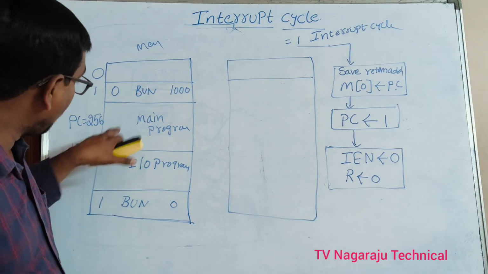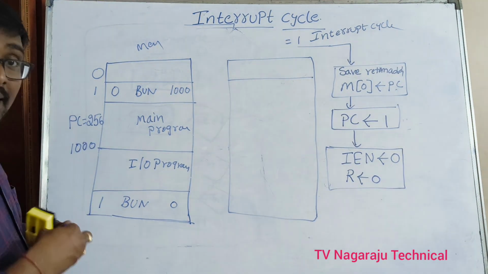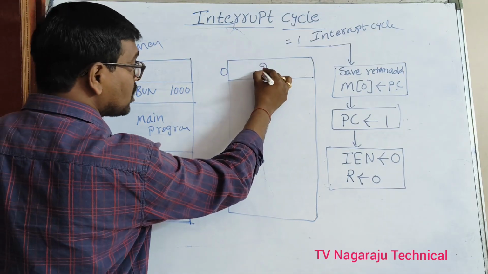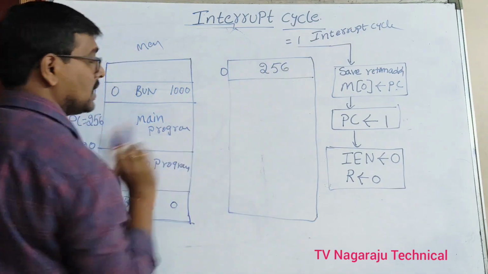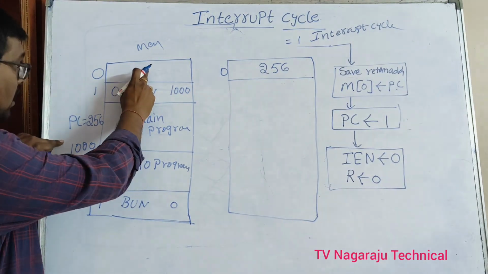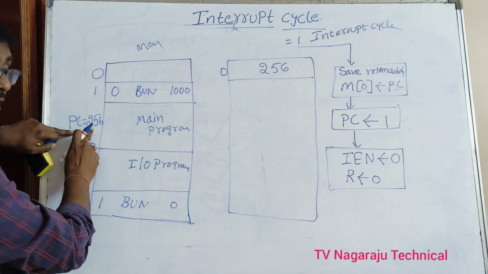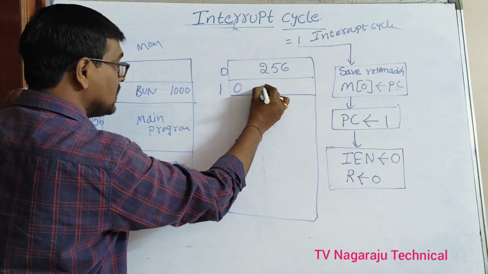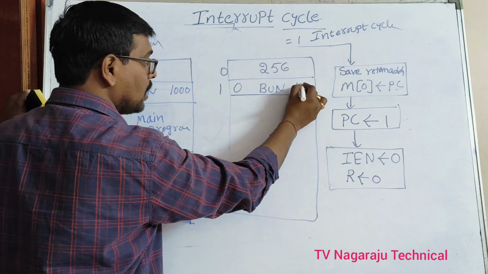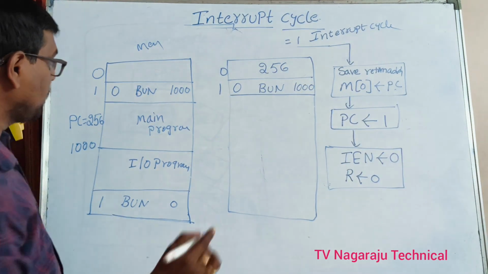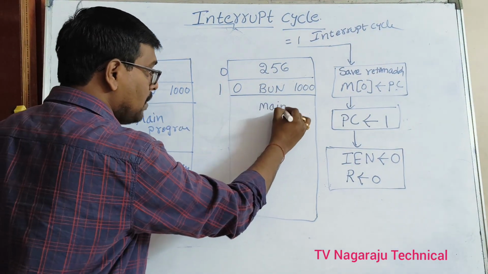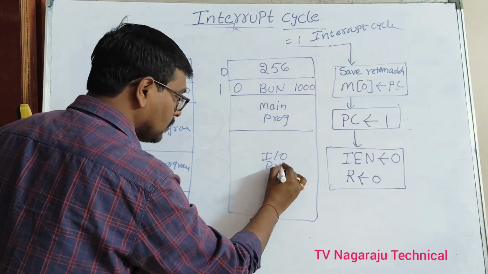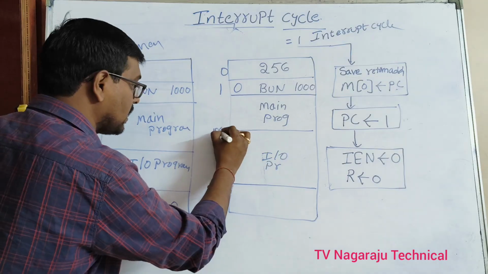Whatever the PC address is, that is copied into the 0th location. Now at the 0th location, what is there? 256. At M of 0, my current next instruction address from PC is stored. At location 1 is my interrupt service routine. This is my program, and this is the IO program, and assume this address is 1000.